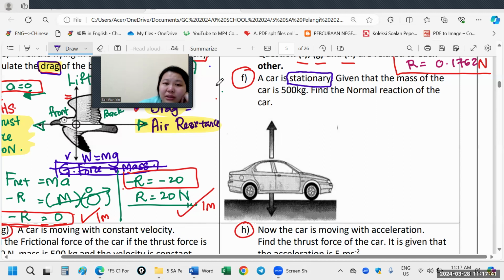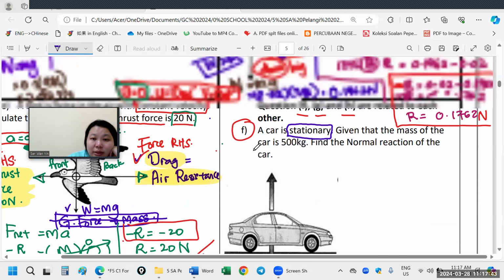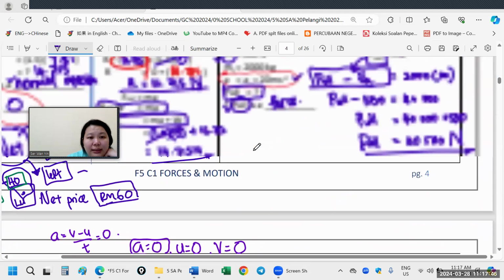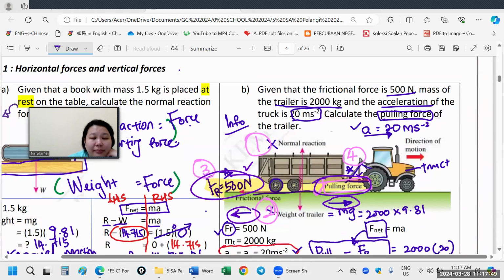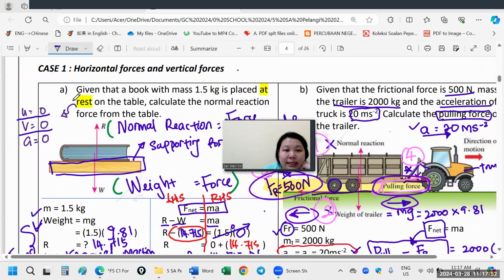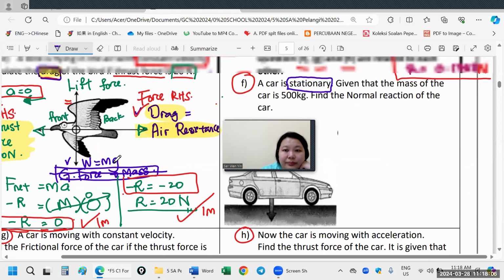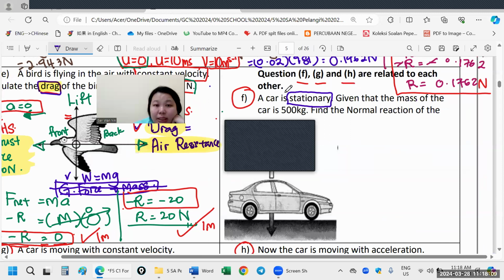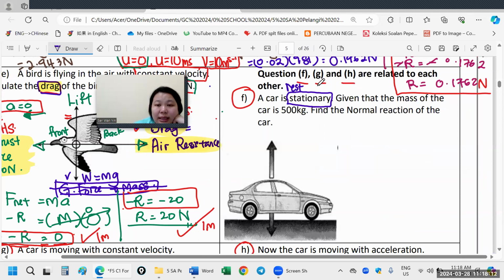Yeah, thank you, Sabendra. So actually, stationary has the same meaning as at rest. Stationary, not only books, pen, ruler, or anything, but the case here is saying it's at rest. Stationary means at rest. Means acceleration equals to 0. Means initial velocity is 0, final velocity is 0.